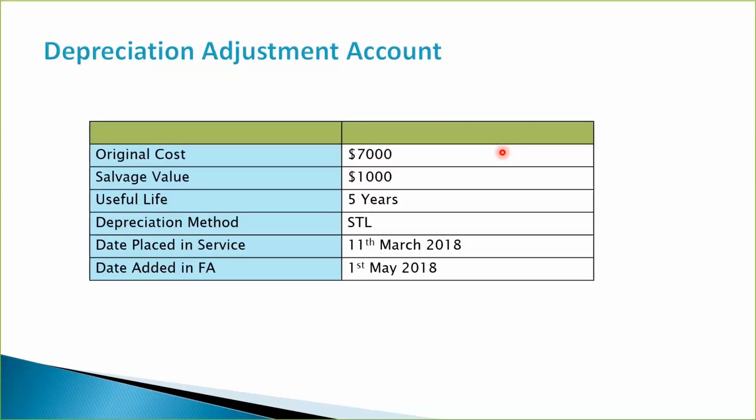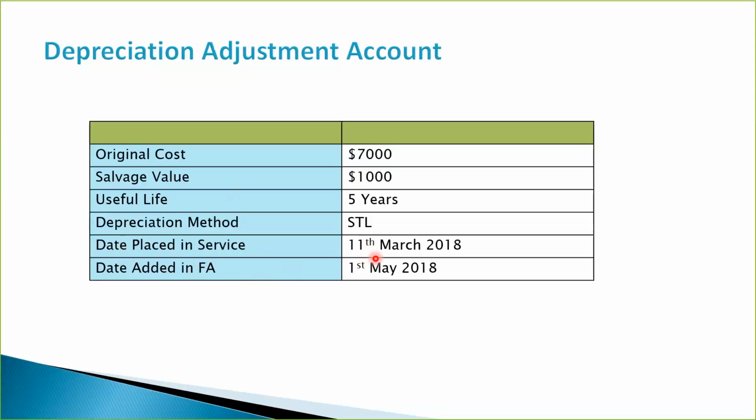So this is the example. We have this asset, the same example that we used. Perhaps don't pay too much attention to the other information like the cost. We want to see this date placed in service and date added in FA. So assuming this asset, let's say it's a vehicle again, was placed in service on 11th March. Let's assume we are using current month convention for depreciation.